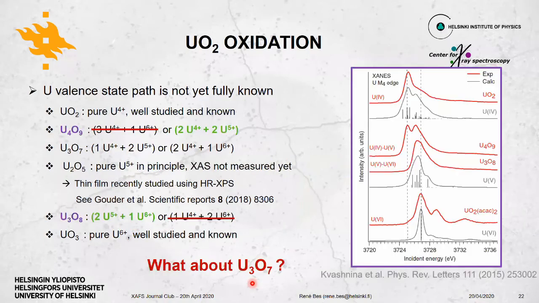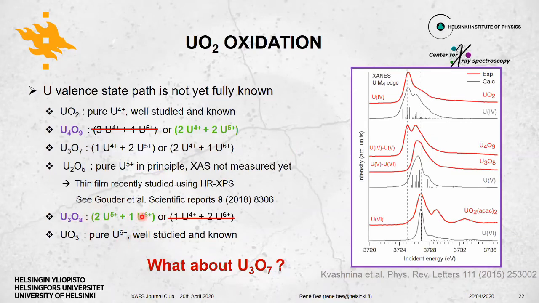In recent years, Kristina Kvashnina and collaborators have studied U4O9 and U3O8 using uranium M4 edge HERFD-XAS, and they have allowed us to eliminate some possibilities, meaning that U4O9 contains a mixture of uranium 4+ and 5+, thanks to the ability of the M4 edge in HERFD-XAS to separate well the different valence states.